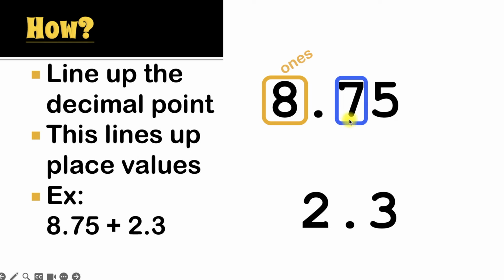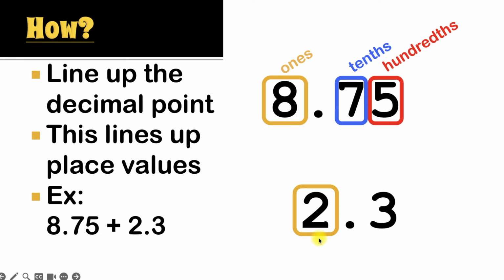We have the 7, which is the tenths place. And we have 5, which is the hundredths place. And in the value 2.3, we've got 2 in the ones place. And we've got 3 in the tenths place.